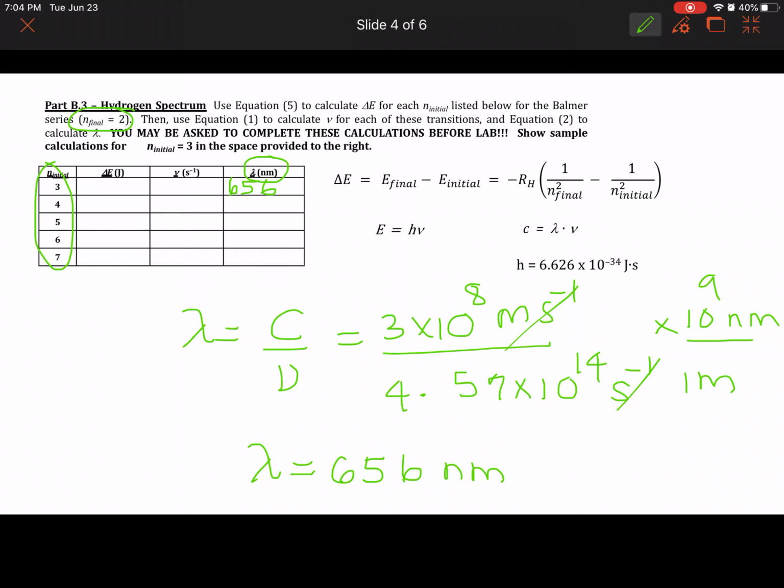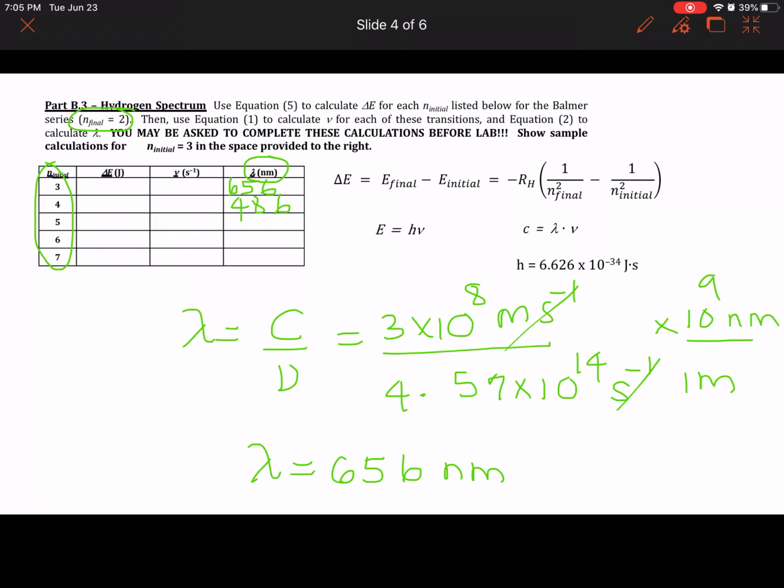I will give you that the second wavelength should be around 486. But you will do the calculations on your own. I will leave it to you. It's good practice, and you have to complete that as part of your data calculations.